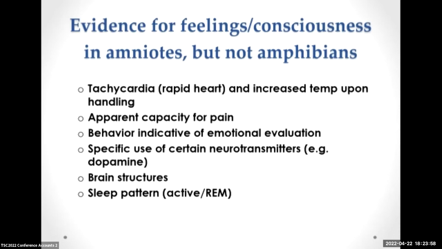For one thing, we can see that reptiles react physiologically to handling in ways that are expected from an animal who does feel something. They have a rapid heartbeat or increased temperature if you pick them up, while amphibians do not. They have an apparent capacity to feel pain.